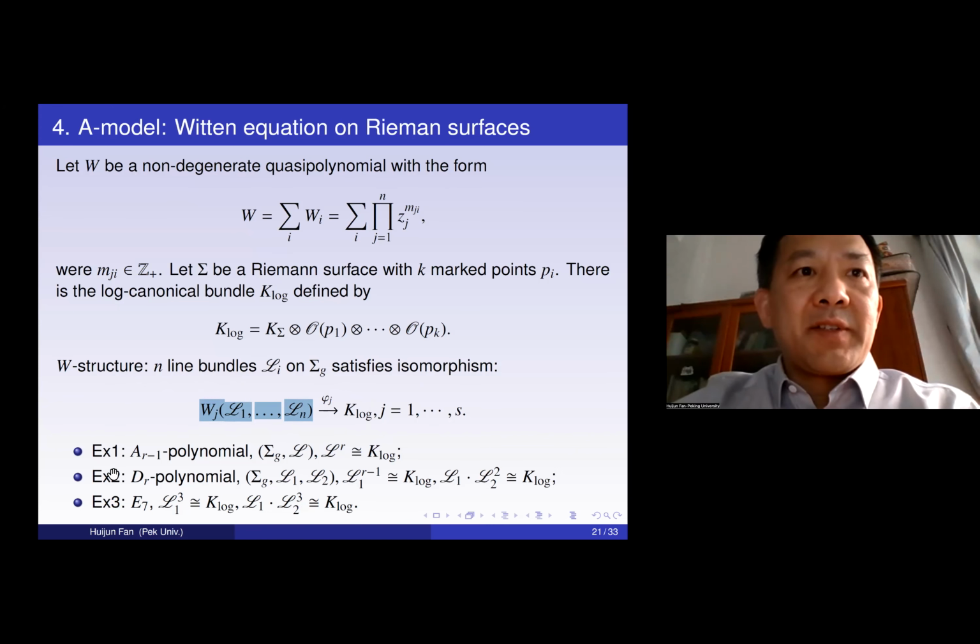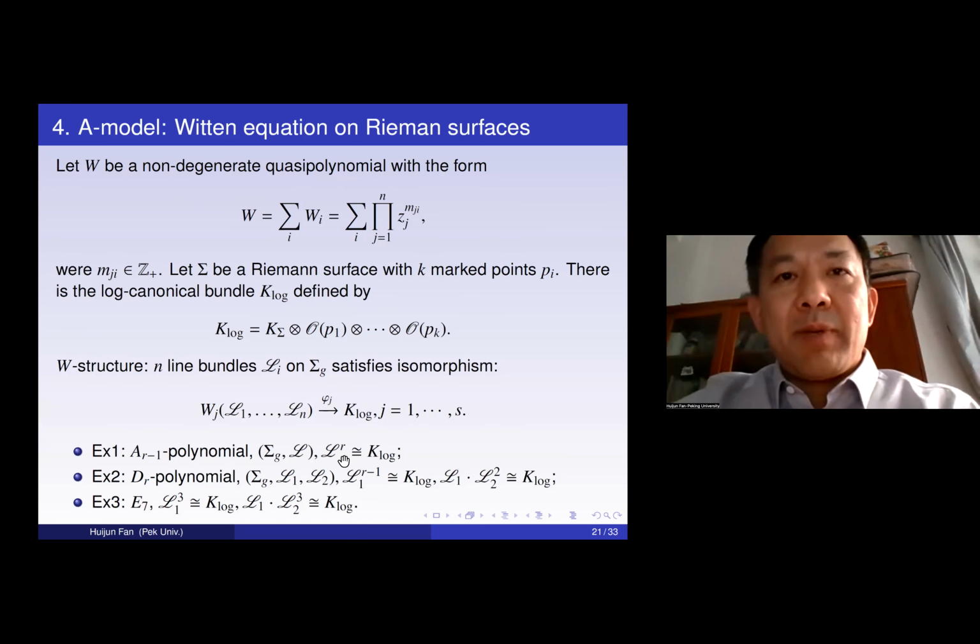Here are some examples. In the first example, consider the A_{r-1} polynomial. Because this polynomial has one variable, there is only one line bundle on sigma, and the r-th tensor power of this line bundle should be isomorphic to the log canonical bundle.